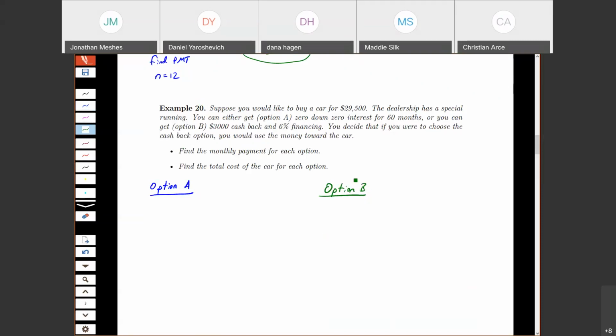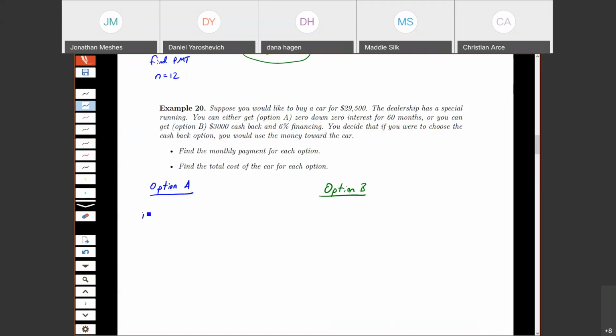Now, with option A, if it's 0 interest, then I don't need a formula to decide how much I'm going to pay, because there's no compounding. I'm just going to say, how many total payments are there? There's 60 months, so it's 60 payments. I just take the amount that I borrowed and divide by 60.